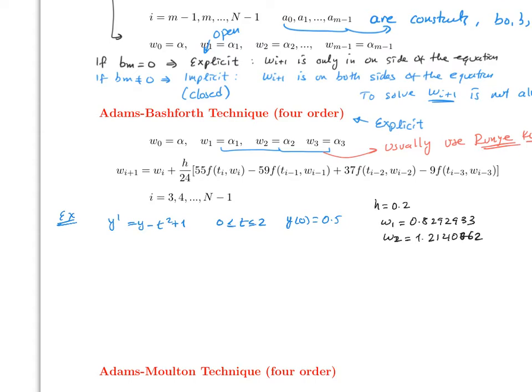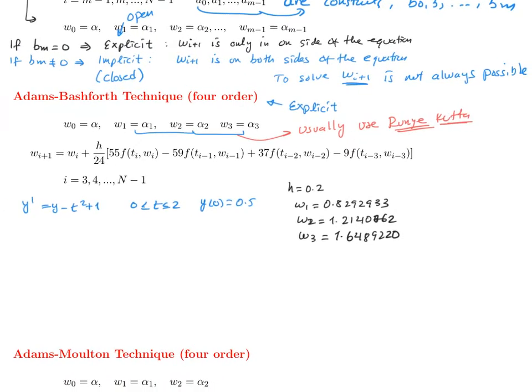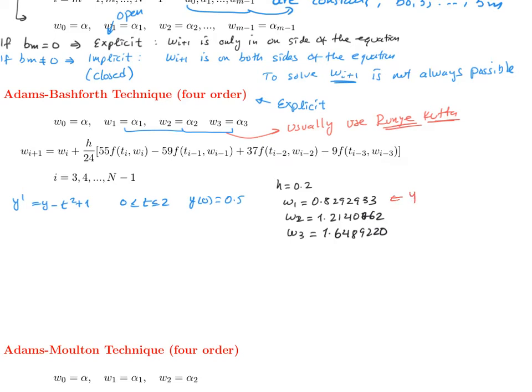I mean, you have these values from before, so you can check. We have a table with these values. w3 was 1.648920. Remember that this was y of 0.2, this was y of 0.4, and y of 0.6.